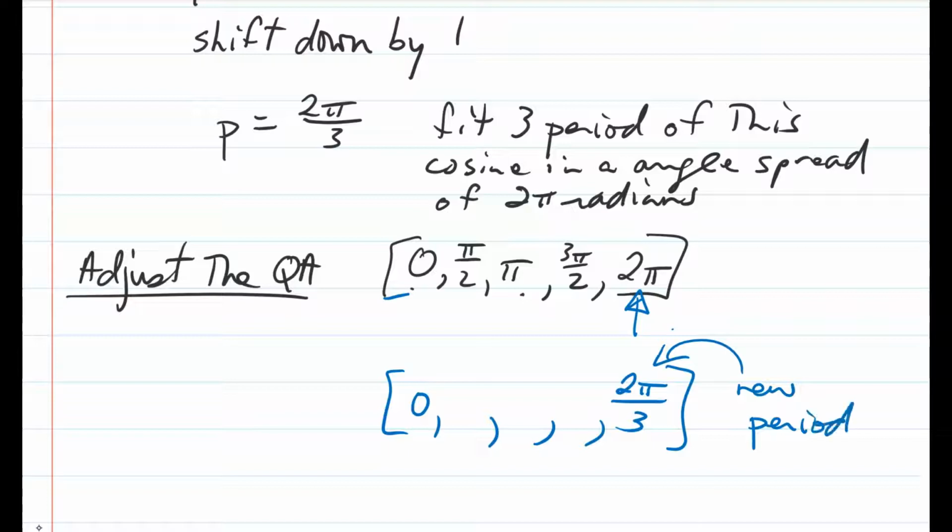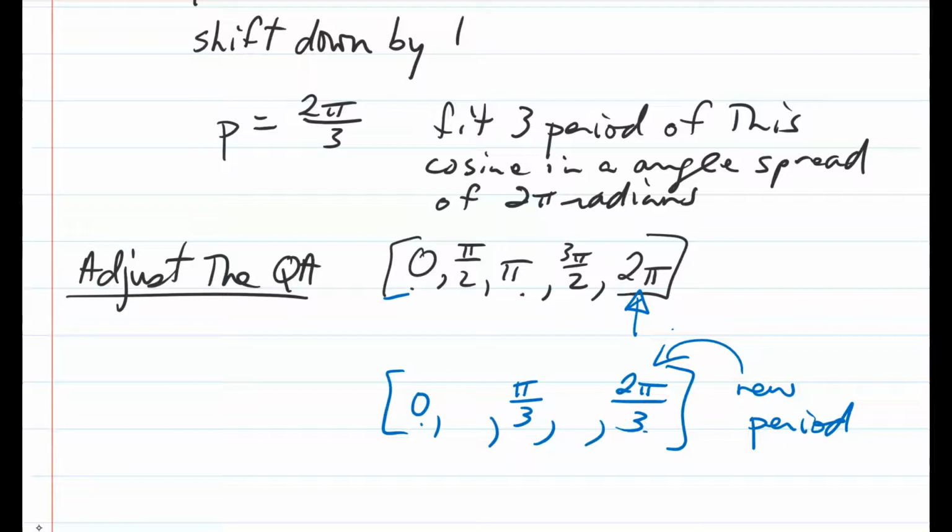Now what's the middle value between 0 and 2 pi over 3? Well, you need to be adept with your fractions, and 0 to 2 pi over 3, halfway is pi over 3, isn't it? Because 1 pi over 3 and another 1 pi over 3 gets us to 2 pi over 3. And now what about the midpoint between 0 and pi over 3?